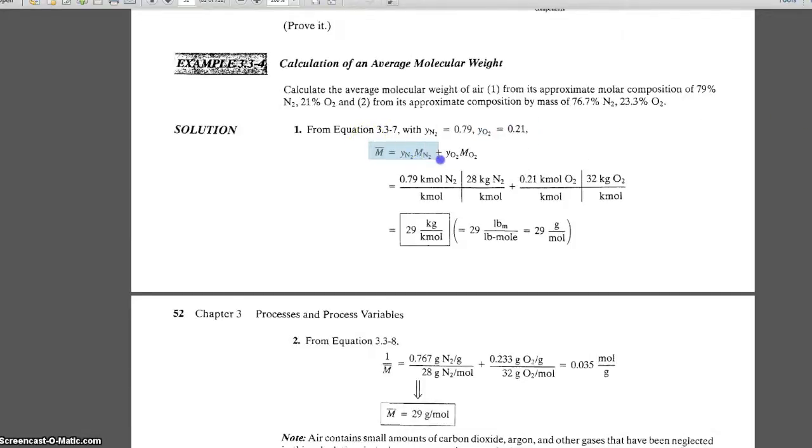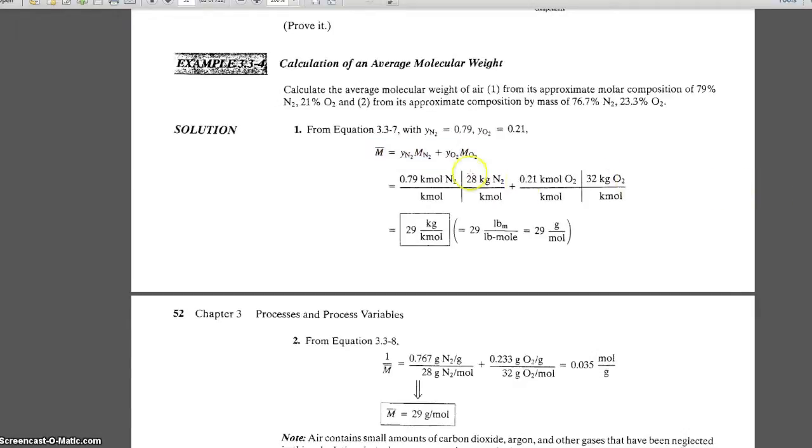From the equation, the average molecular weight is the mole fraction of nitrogen times the molecular weight of nitrogen, plus the mole fraction of oxygen times the molecular weight of oxygen, for 1 mole or 1 kilomole. In this equation we are using kilomole, which is 1,000 mole.